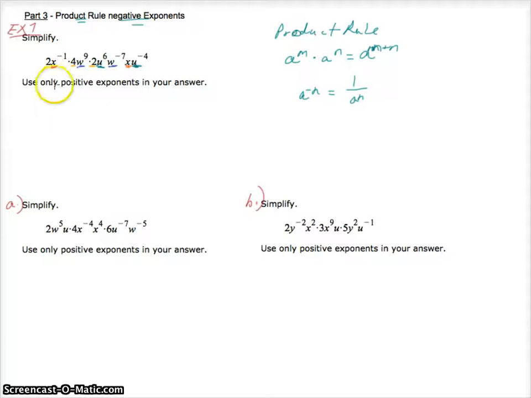Alright, so now I want to rewrite these in the proper order. I'm going to have 2 times 2 times 4 because they're all separate from their bases. Now I'm going to rewrite all of my bases.